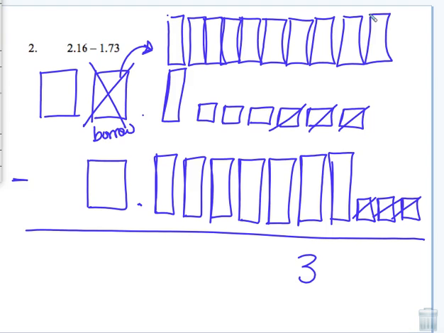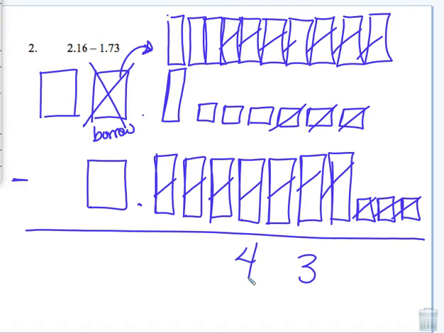All right, now I can subtract 1, 2, 3, 4, 5, 6, 7, and what's remaining is 4/10.